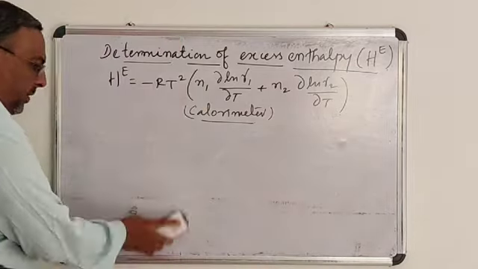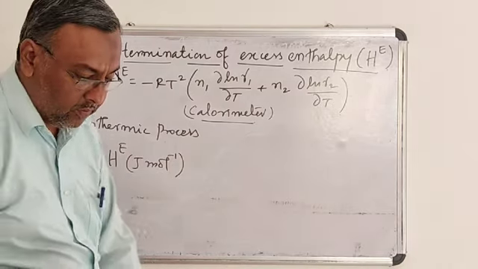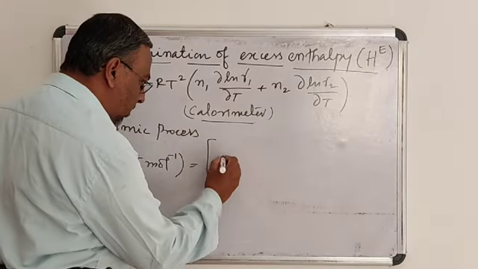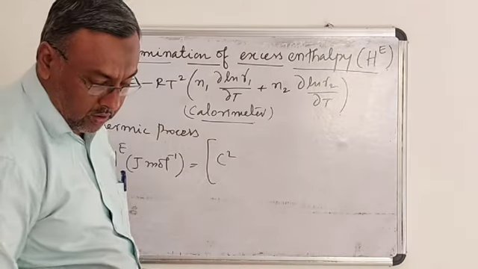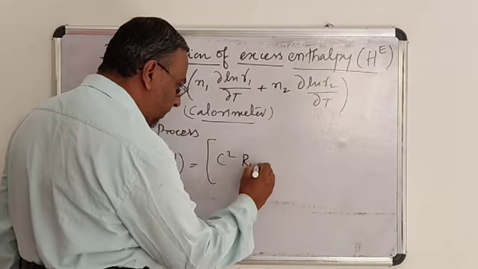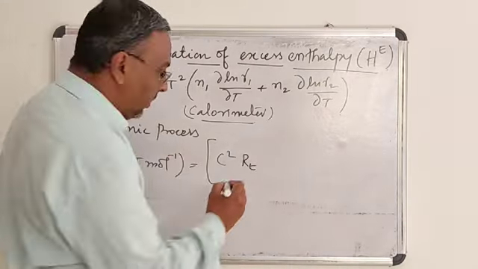The excess enthalpy is given in terms of joules per mole, and will be equal to C square RT delta H1 divided by delta H2 into N1 plus N2.